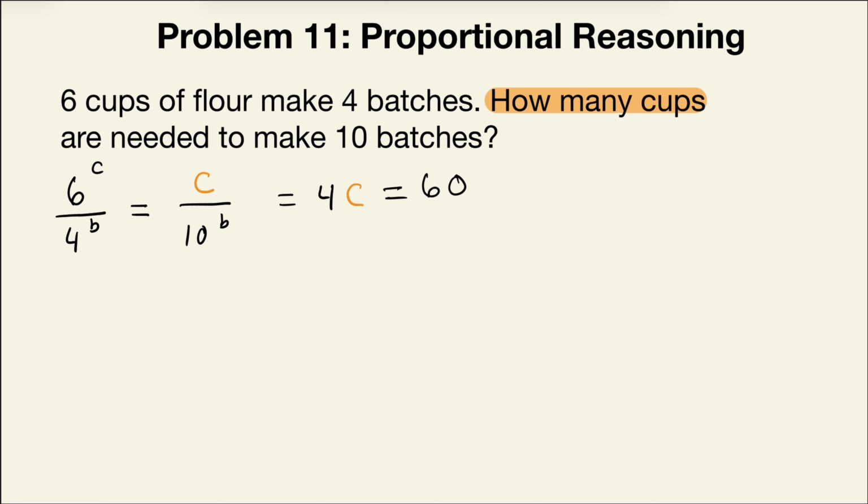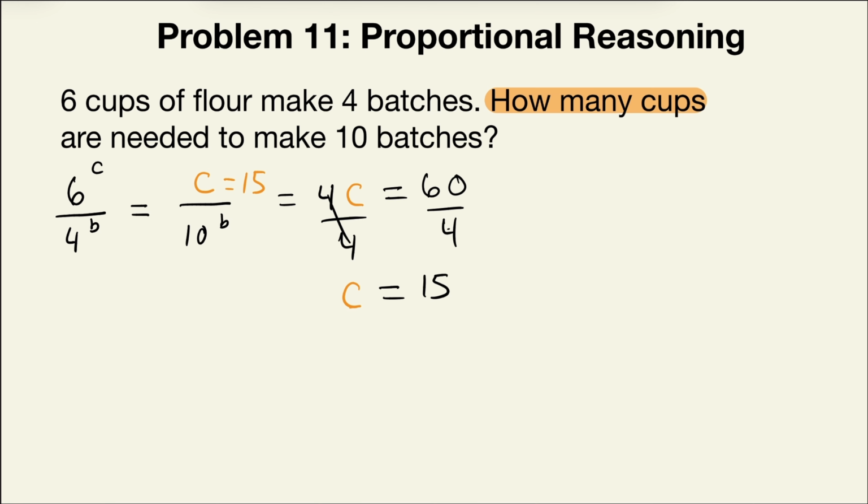So solving for c, we'll divide by 4 on both sides, and we are left with c equals 60 divided by 4, which is 15. So that means it takes 15 cups to make 10 batches. And that's our final answer.